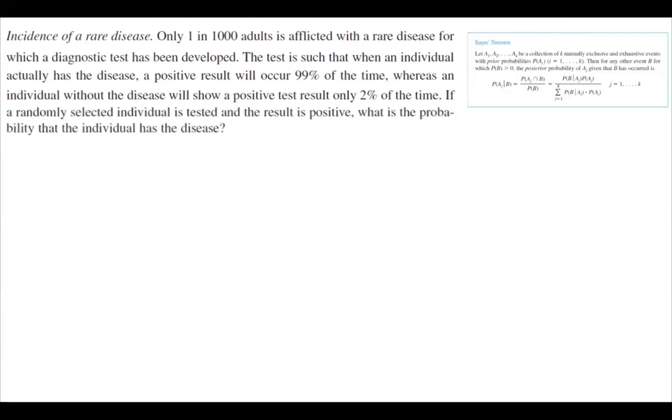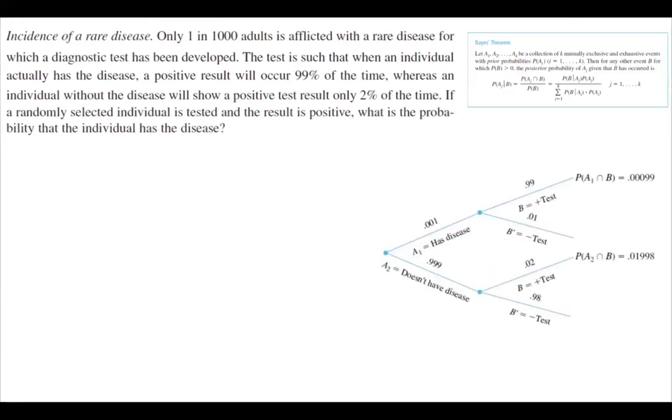The test is such that when an individual actually has the disease, a positive result will occur 99% of the time, whereas an individual without the disease will show a positive test result only 2% of the time. If a randomly selected individual is tested and the result is positive, what is the probability that the individual has the disease? Okay, let us take a look at our tree here.